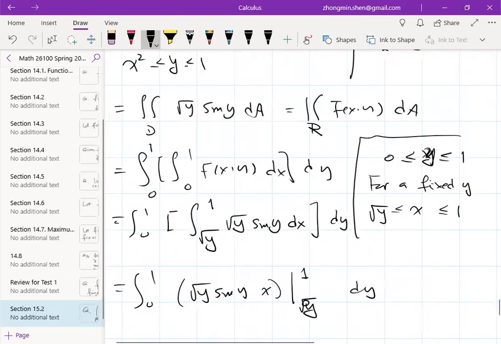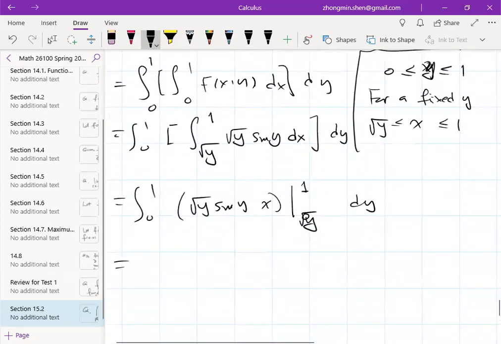So you plug 1 for x, you get square root of y sine y, then you plug square root of y for x.